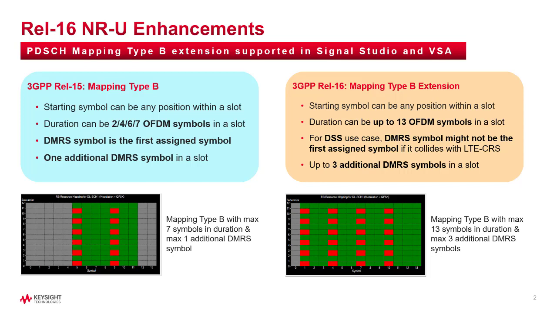So now there could be up to 3 additional DMRS symbols. In addition, when type B PDSCH is scheduled in DSS mode, DMRS symbol position may collide with LTE CRS. In that case, DMRS symbol positions will need to shift by 1 symbol to avoid the conflict.